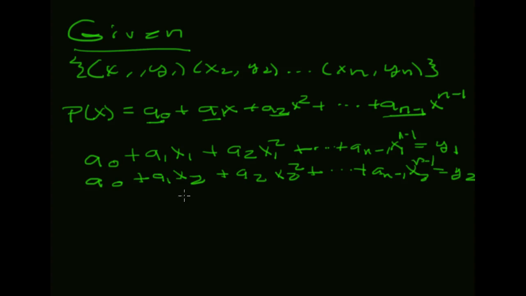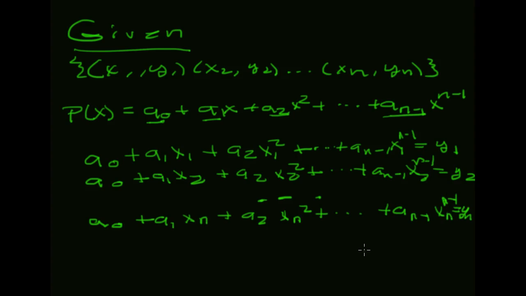So all of the subscripts here are now 2's, and then we just keep this going until we use all n x values, equals the nth y value.